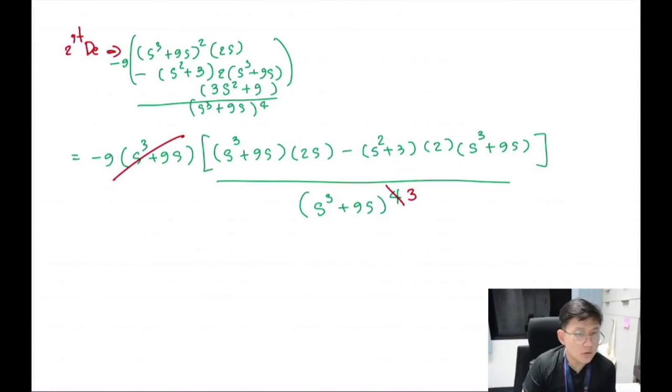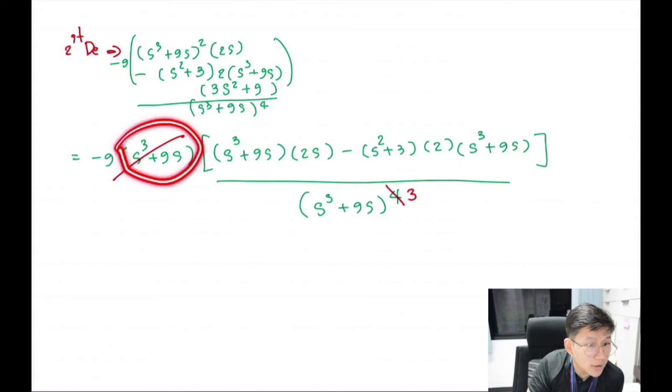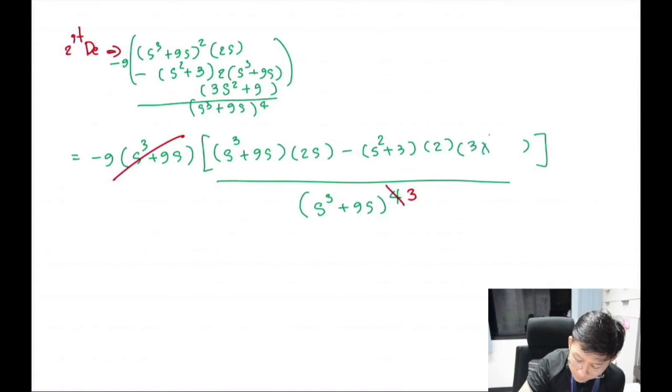Okay, guys, sorry, here I pull s cubed plus 9s out, right? So here I need to pull s cubed plus 9s out. So what we have left is 3s squared plus 9. And then we have minus 9.